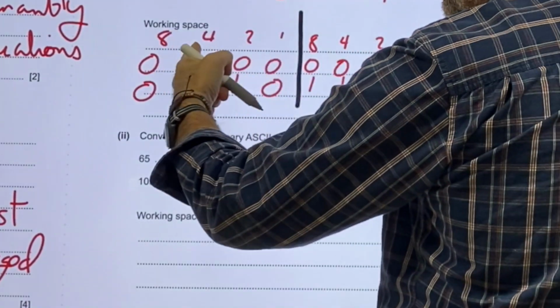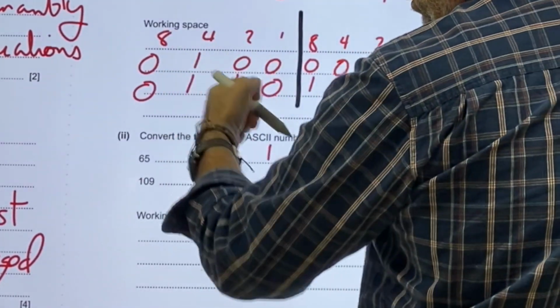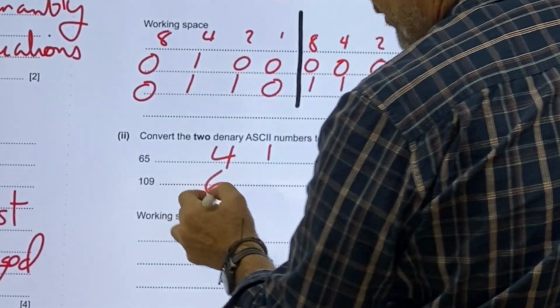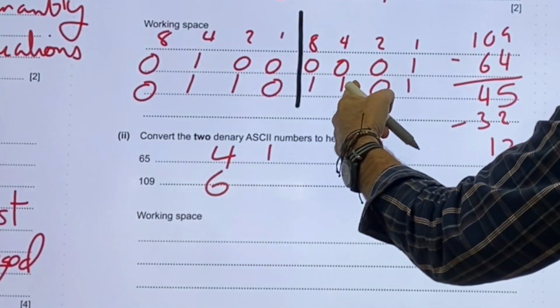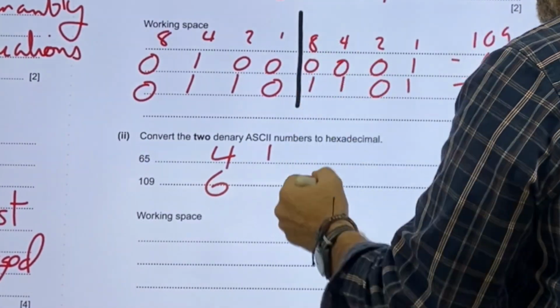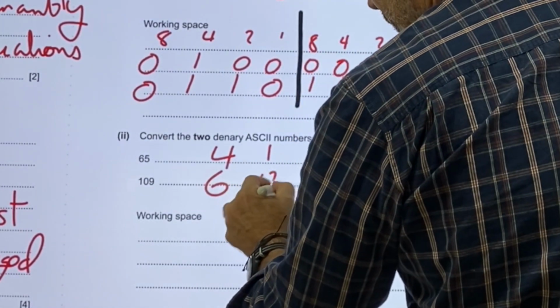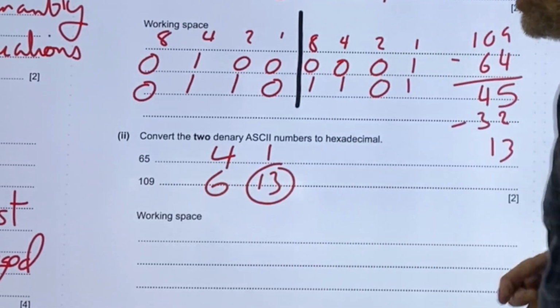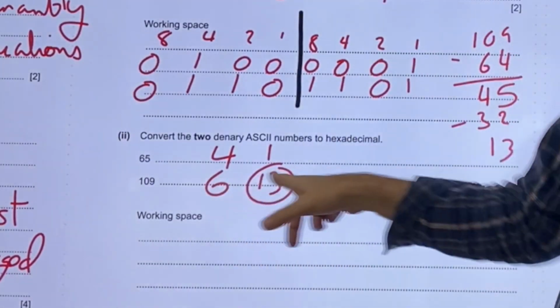And on this one, I've got a 4 and a 2. So that would be 6. And here I've got an 8, a 4, and a 1. So that would be 8, 9, 13. But I can't have 13 because that's 2 digits.